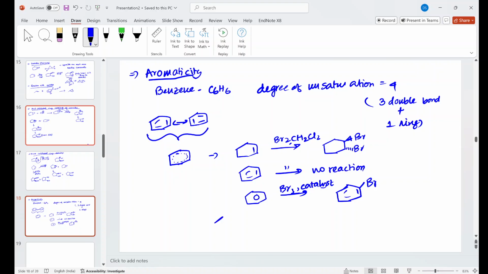Then for normal alkenes, you can have this hydrogenation with H2. It will give you the hydrogenated product. But for benzene, it doesn't work. But if you need to get the reaction done, you have to apply some external pressure or external stimuli.